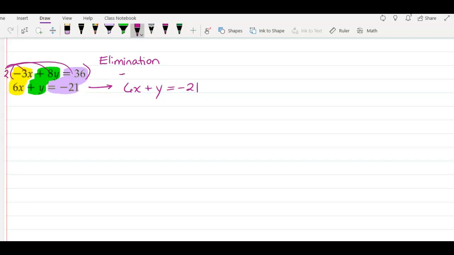I'm going to have negative 6x plus 16y equals 72 because I doubled every number. Now you can see that the x's are going to cancel. The y's give me 17y, and the numbers give me 51.